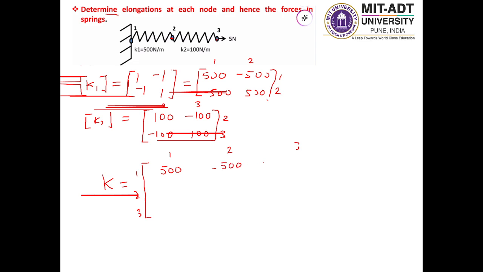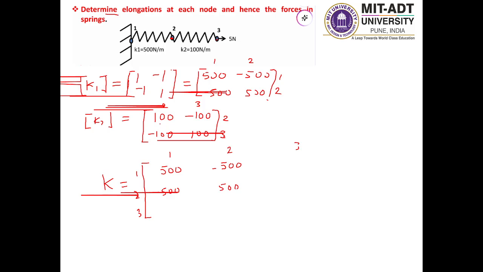This is minus 500, which is placed at row 2 and column 1. So here I have to write minus 500, and here I have to write 500. Likewise I have arranged the first matrix in the global form.